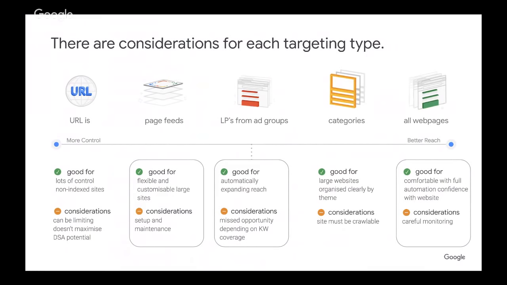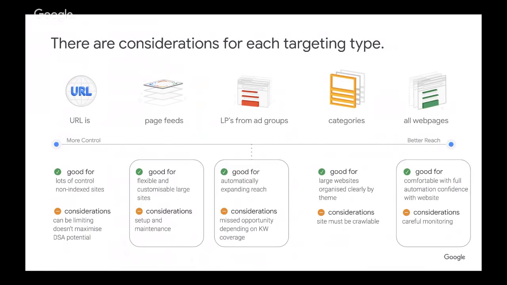Now, what would be the good? URLs would give you a lot of control. It can limit the amount of traffic going through your dynamic search ads campaign. Page feed is flexible and customizable for large sites, so you can feature all your URLs and put them in the feed, and then you can tell that DSA campaign to use your URLs from that specific feed.